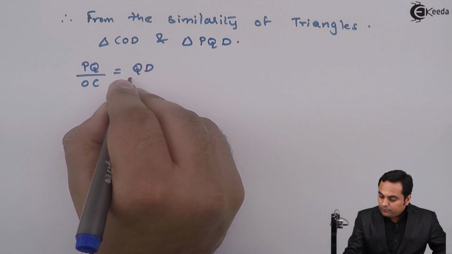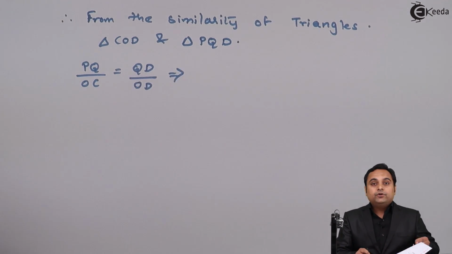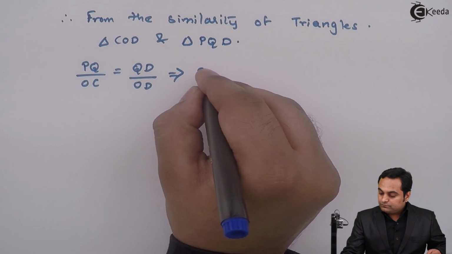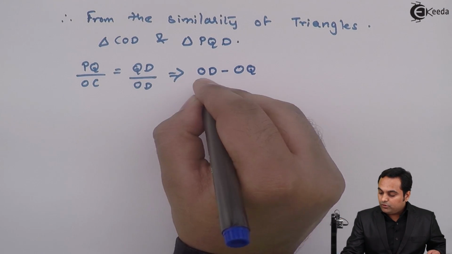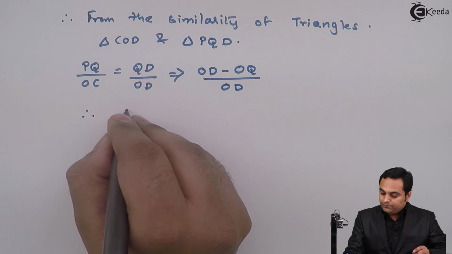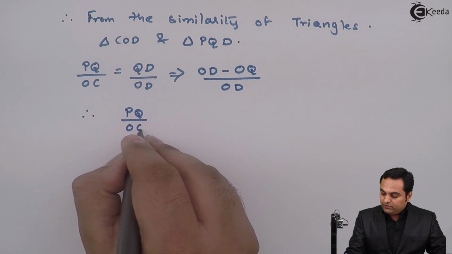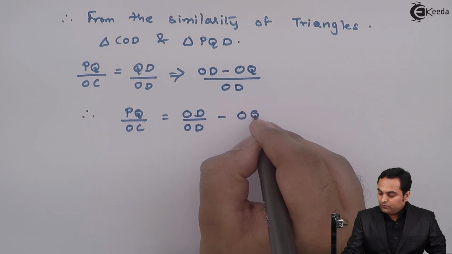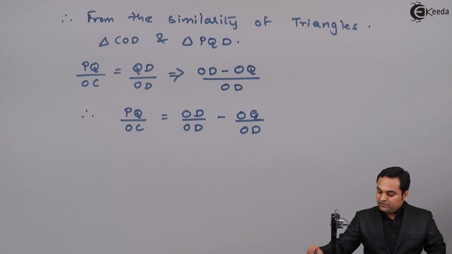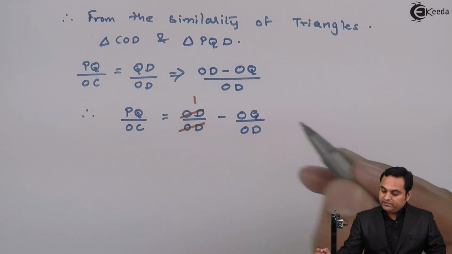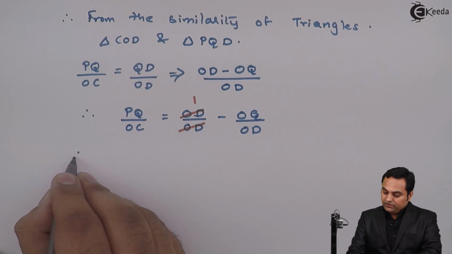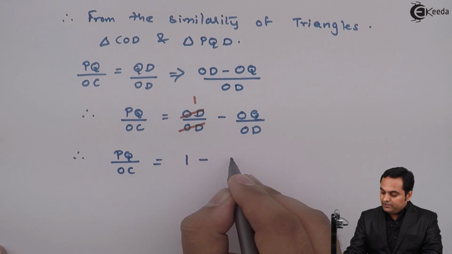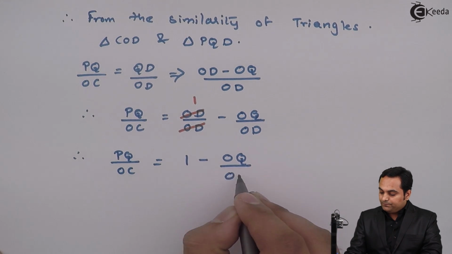Next, QD can be written as OD minus OQ, upon OD. So therefore PQ upon OC will become OD upon OD minus OQ upon OD. Next, OD and OD will get cancelled, so we have 1 here. Therefore PQ upon OC is equal to 1 minus OQ upon OD.